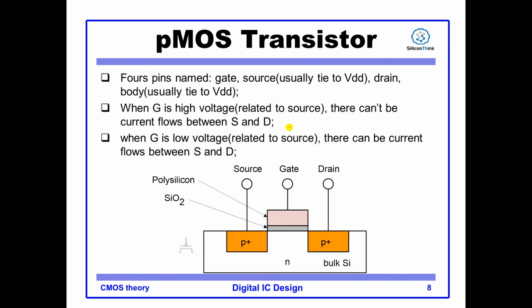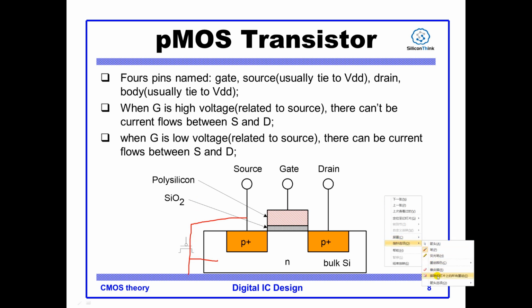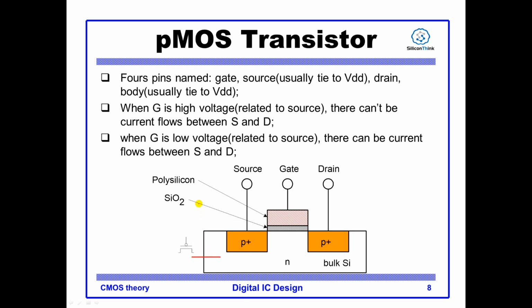And for P-type MOS transistor, it's just the opposite. The typical connection for the P-type transistor is we usually connect the body and the source pin to VDD.